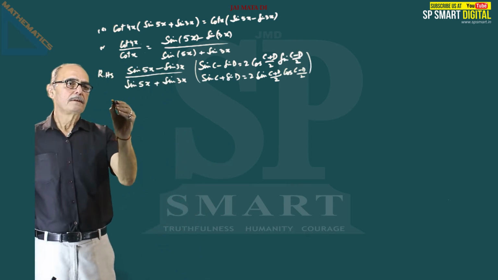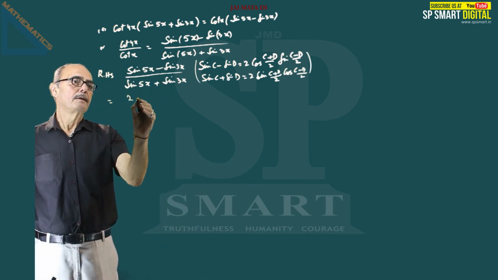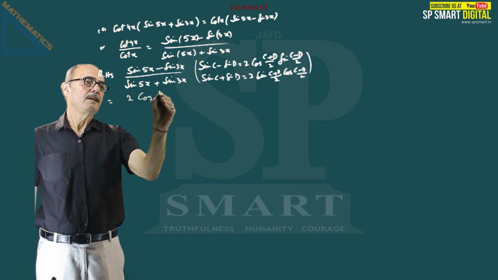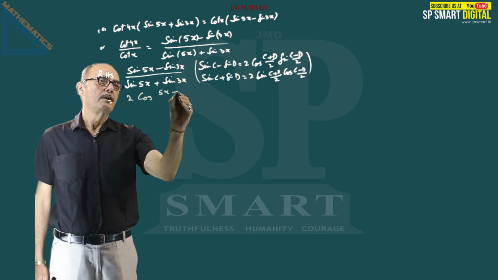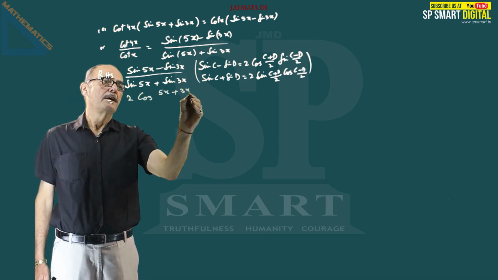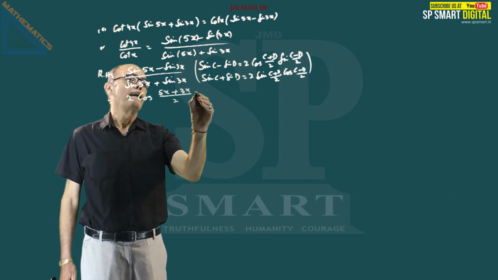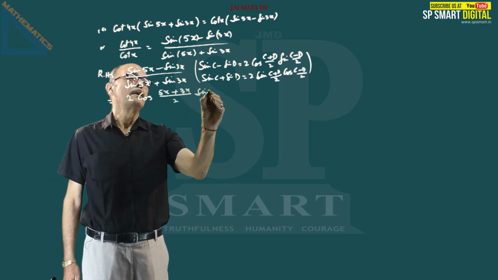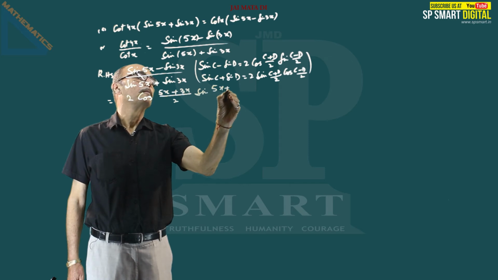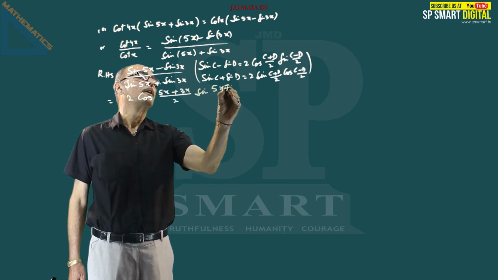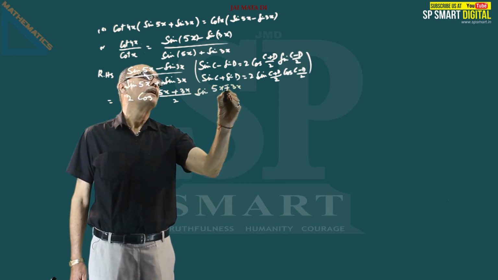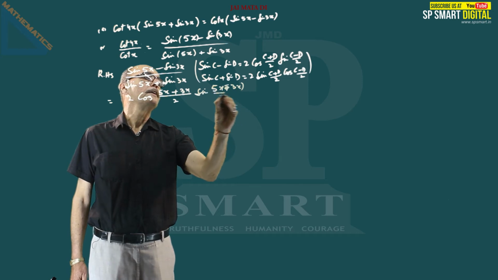So, this is 2 cos of (5x plus 3x) divided by 2 and sine of (5x minus 3x) divided by 2.